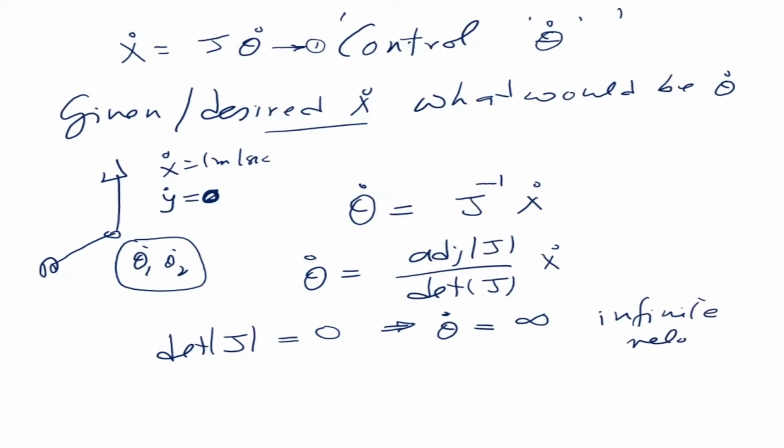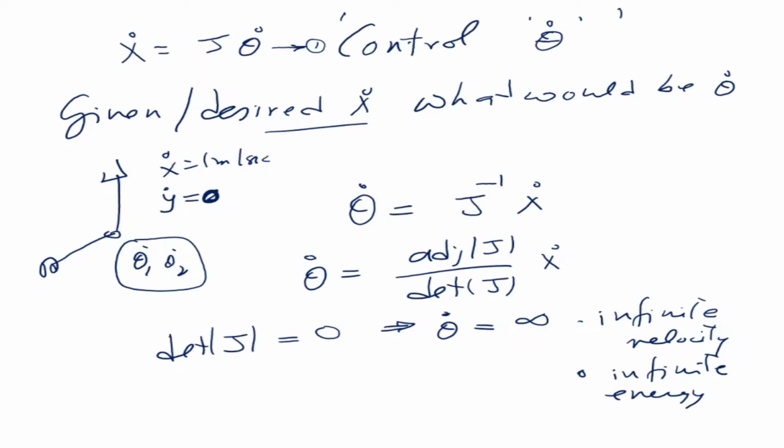Now obviously a motor cannot give infinite velocity, because to give infinite velocity it requires infinite energy. So what we see is that these are related. So what we are seeing is this determinant of J is an indicator of how much energy you require.